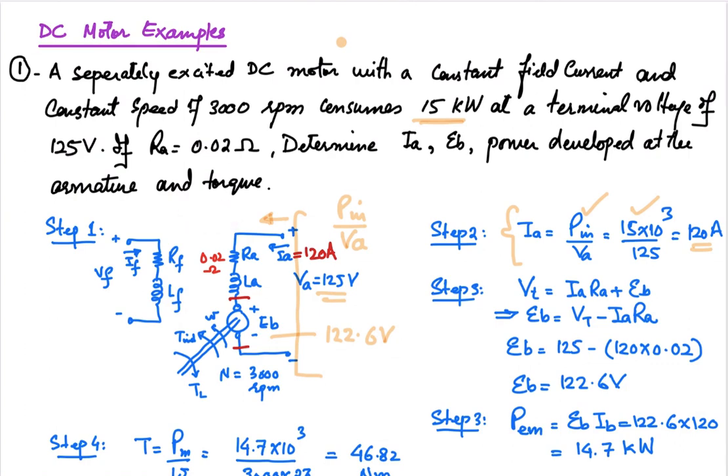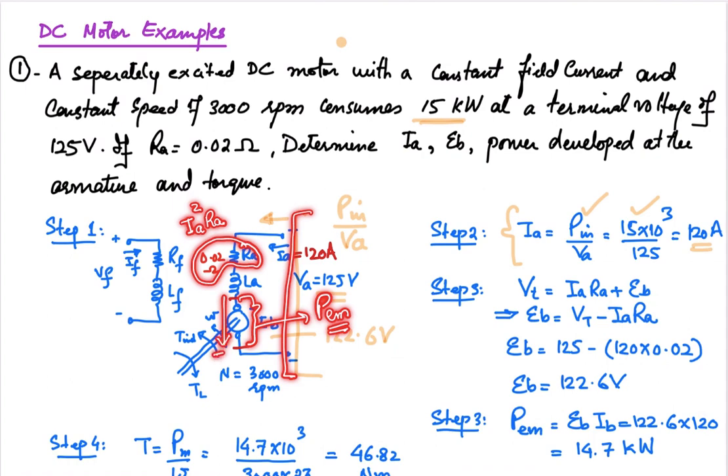Now, the power injected into the machine is 15 kilowatt. Out of this, some power is lost across this resistance, dissipated as heat, calculated as Ia squared into Ra. The rest of the power is available for conversion into mechanical form, called the electromagnetic power. The current flowing is Ia, and the voltage across this part is the back EMF, so Eb into Ia gives the power converted into mechanical form.